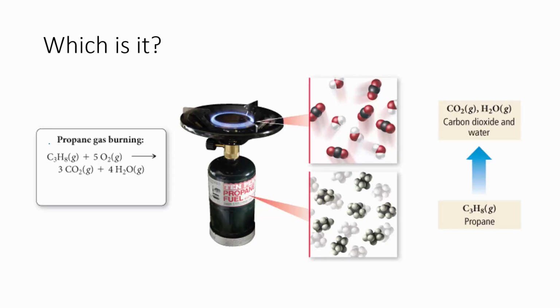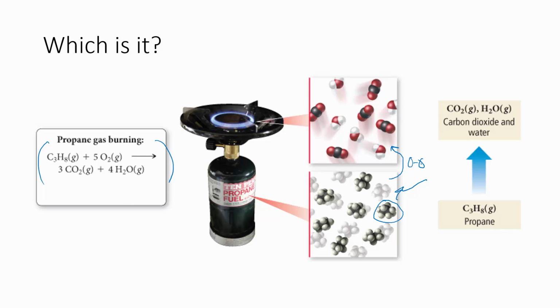All right, how about propane gas burning? Same thing. Tell me whether it's a physical or a chemical change. Okay, so I'm assuming that you've paused it and unpaused it at this point. We look at what we start with. It's propane, which is C3H8, meaning 3 carbons, 8 hydrogens. And these molecules are reacting with oxygen.